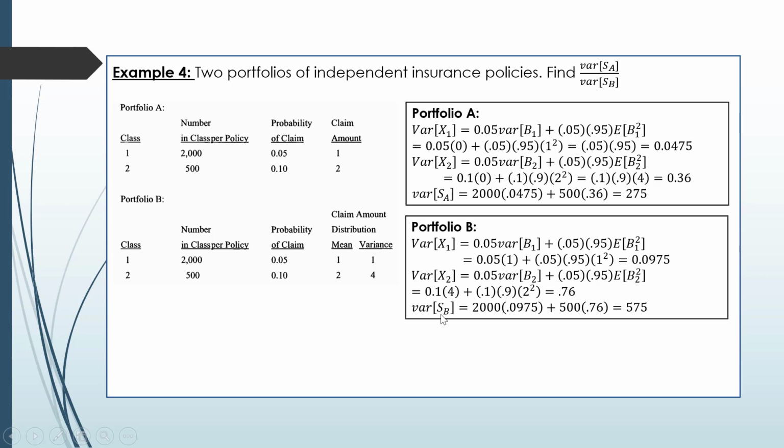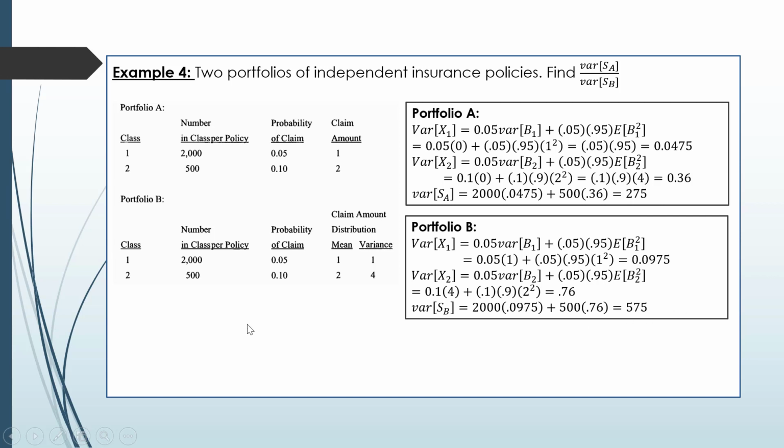So the variance of the aggregate claims SB is 2,000 times 0.0975 plus 500 times 0.76. The answer is 575. So now we have found the variance of SA and the variance of SB.